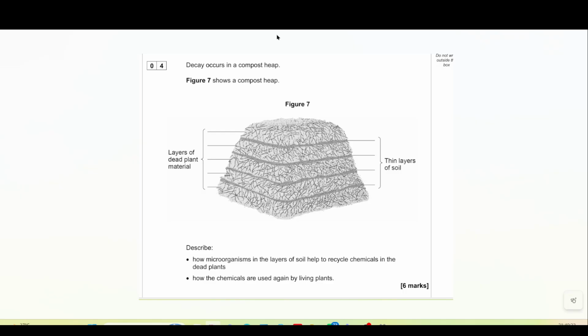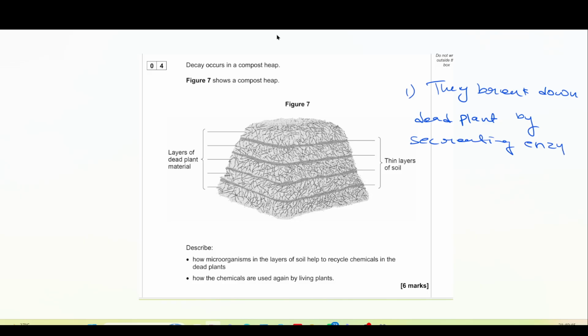I'm going to write here the main points. They break down dead plants by secreting or releasing enzymes into the layers.